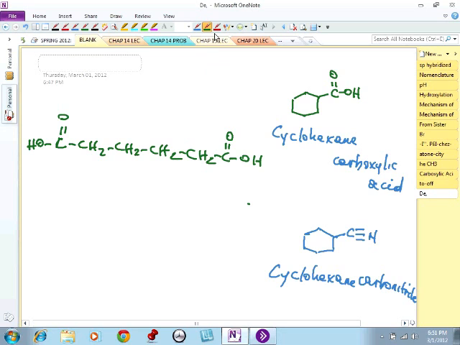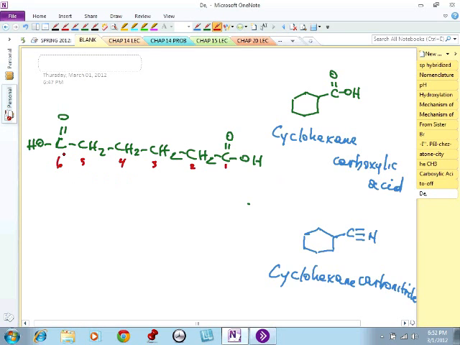So now you have to number the carbons: number 1, 2, 3, 4, 5, 6.